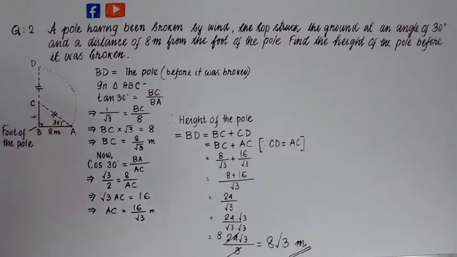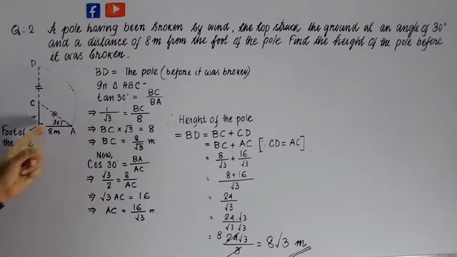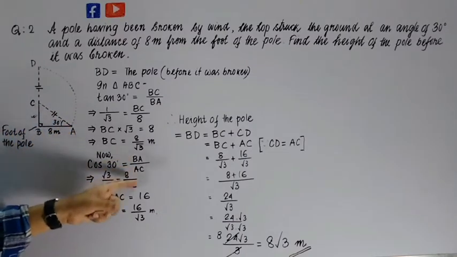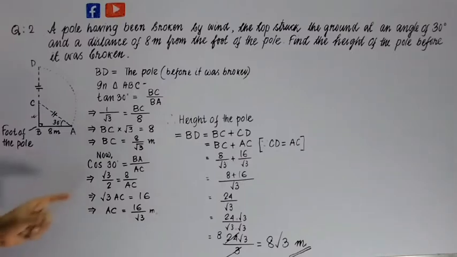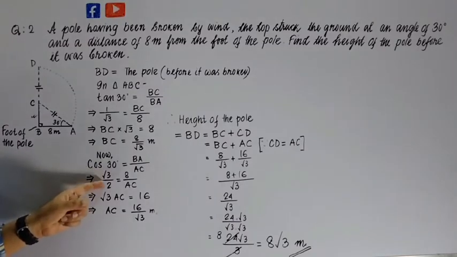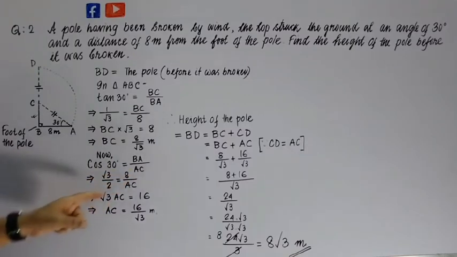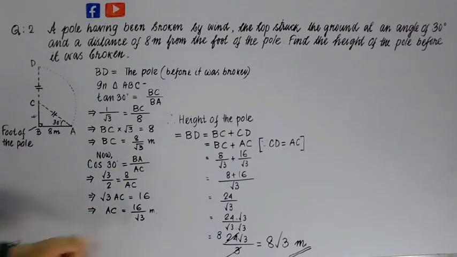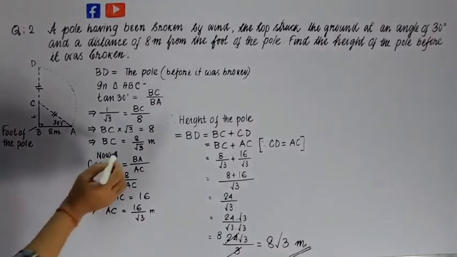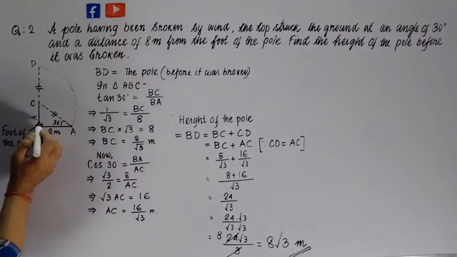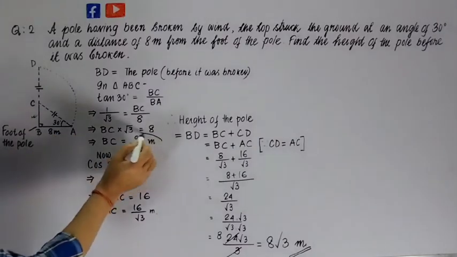So you can take cos 30 is equal to base by hypotenuse, so BA by AC. Okay, value of cos 30 is root 3 by 2. BA is equal to 8 and AC remains same. Cross multiply it, you will get AC. So you have got length of BC, and now you have got length of AC. Length of BC is this.